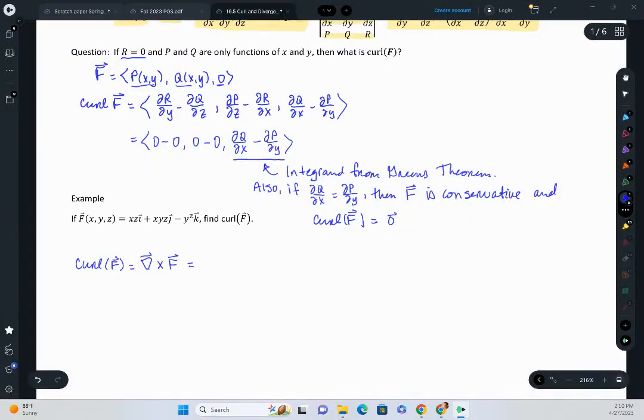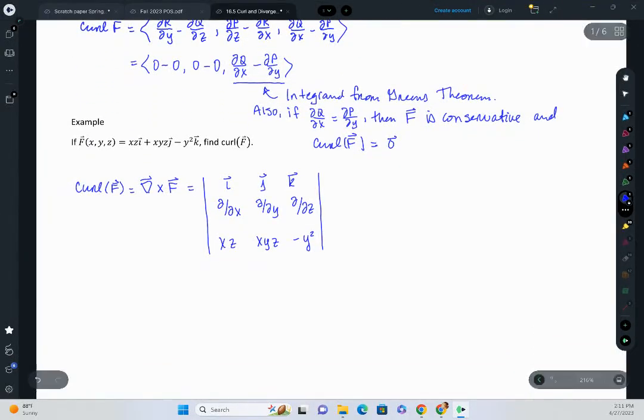So I set up my determinant. First row is the i, j, k. Second row is going to be the operators, del del x, del del y, and del del z. Third row is going to be the components, xz, xyz, and minus y squared. So for maybe the first couple of times I do this, I will show all of my work in all of its gory detail, because that's more helpful than skipping all the steps.